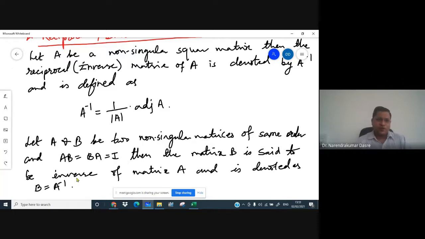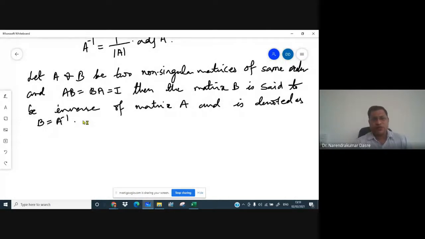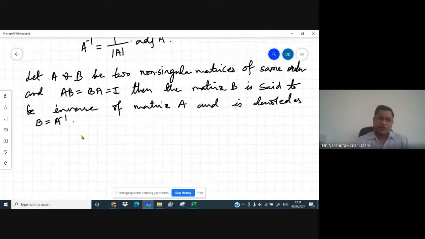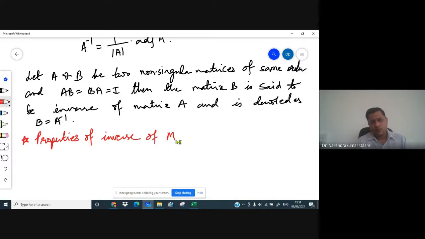Okay. So once we know the inverse matrix or the reciprocal matrix, then there are some certain properties of this inverse and reciprocal. So what are the properties of inverse or reciprocal matrix? Some basic properties that we'll try to understand.